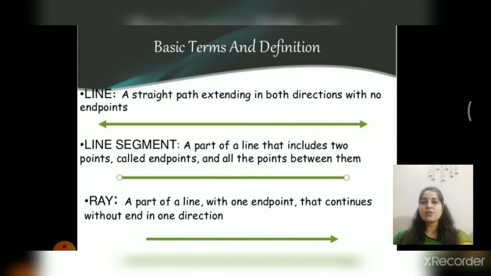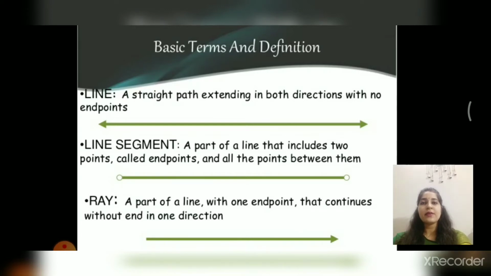A part of a line that includes 2 points called endpoints and all points between them. As you see the second figure, it is a line segment. It has 2 end points and its length is definite. That means you can measure its length.